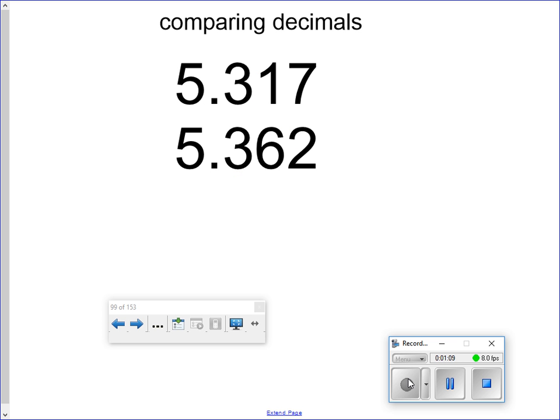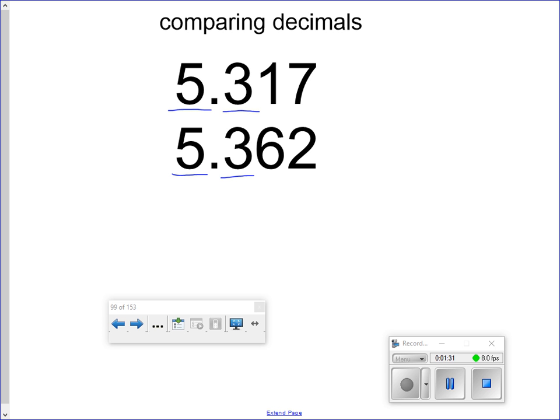We are going to use that same process when comparing decimals. So we start at the greatest place value, which for these two numbers is the ones place, but they both have the same digit, so that does not tell us anything. Moving to the right, the tenths place also has the same value.